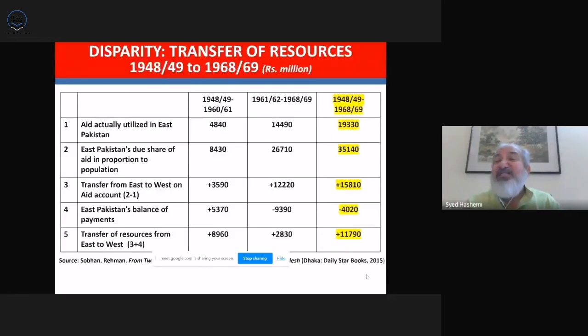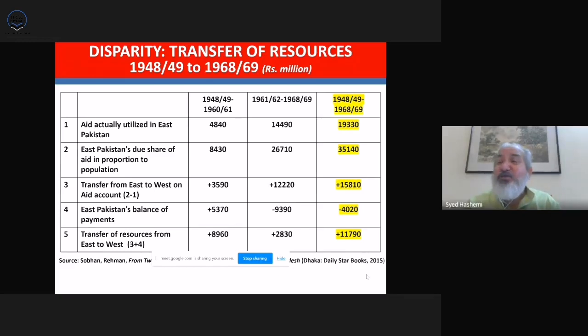Finally, if we look at the transfer of resources, how much net resources was being transferred to West Pakistan from East Pakistan. From 1948-49 to 68-69, it was much higher in the early years, slightly lower in a few later years.